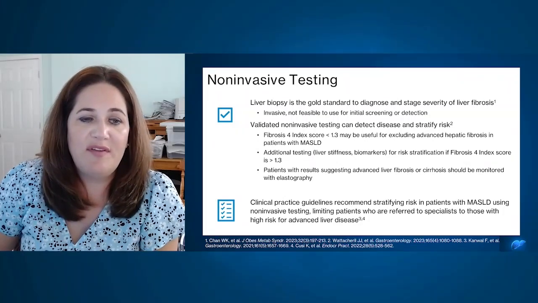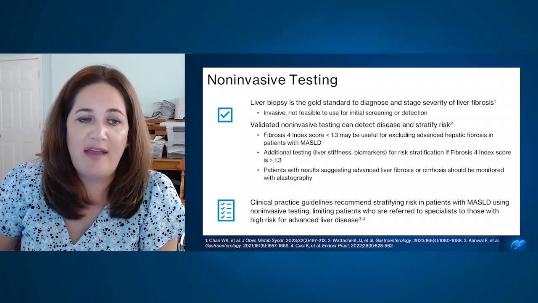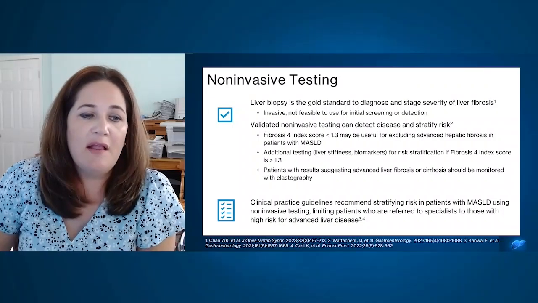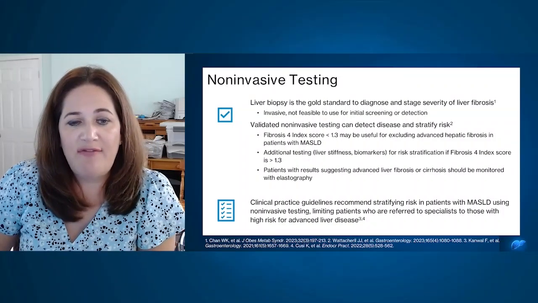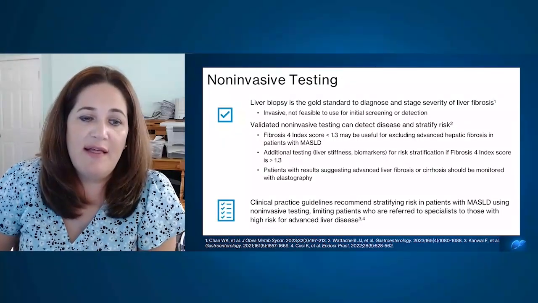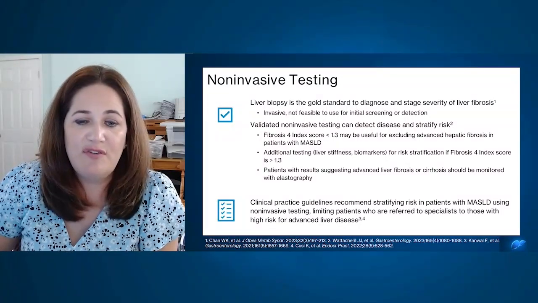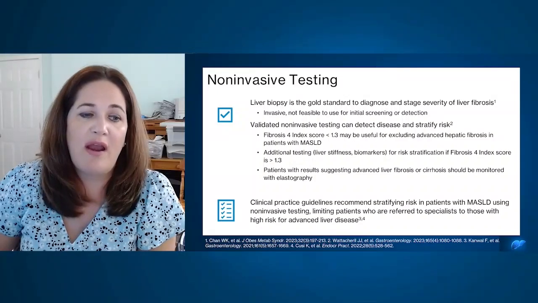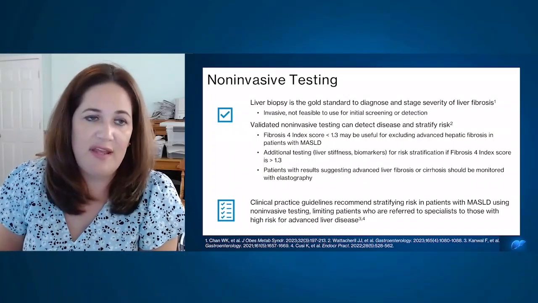Patients with results suggesting advanced liver fibrosis or cirrhosis should be monitored with elastography. Clinical practice guidelines recommend stratifying risk in patients with MASLD using non-invasive testing, limiting patients who are referred to specialists to those who are at high risk for advanced liver disease.